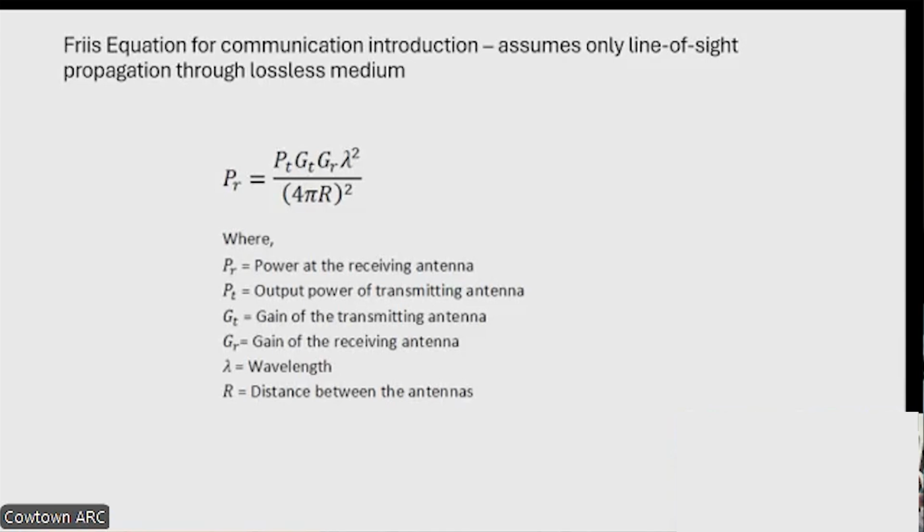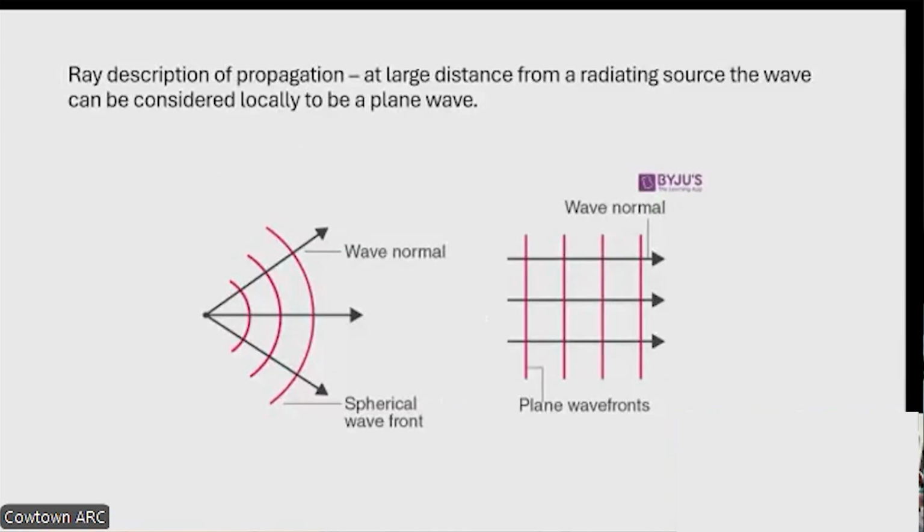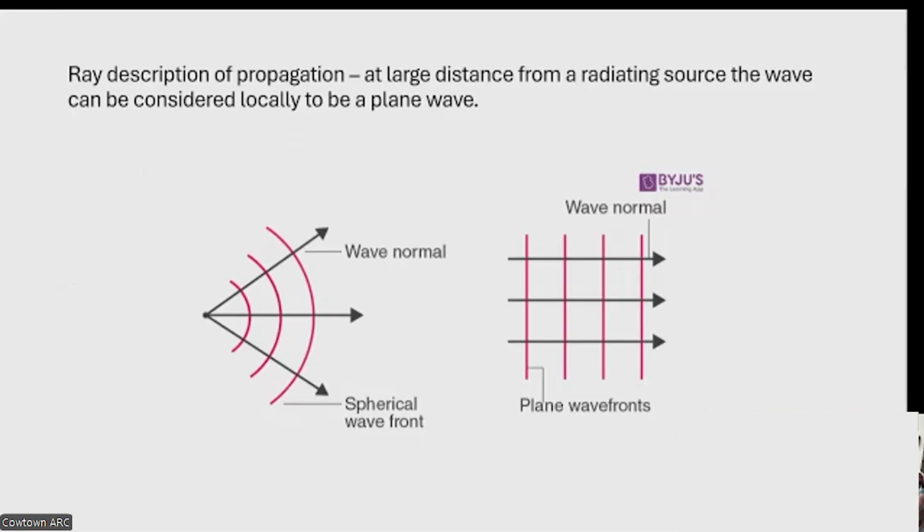But it has some limitations for terrestrial communications, and that's what I want to talk a little bit about. Just to introduce you, some of you may be familiar with the concept of using rays to represent propagating waves. If you have a situation like the one on the left where the rays are pointing outward, that implies spherical waves being propagated.